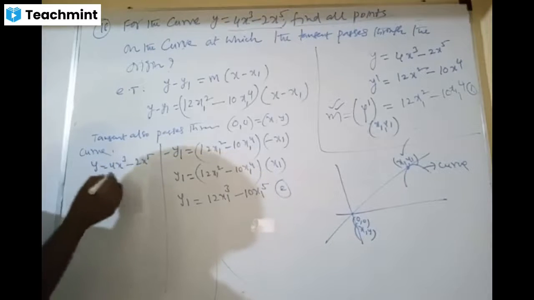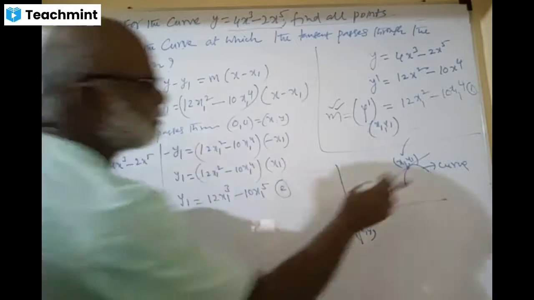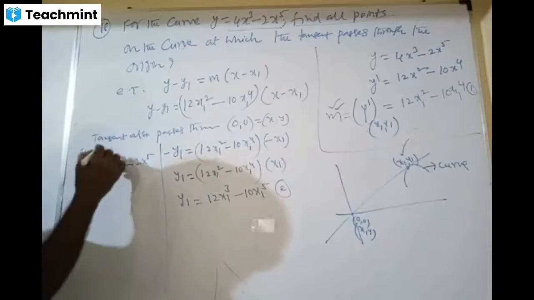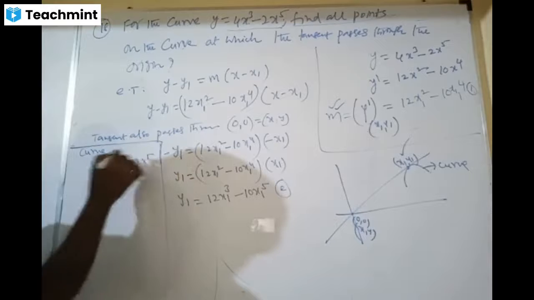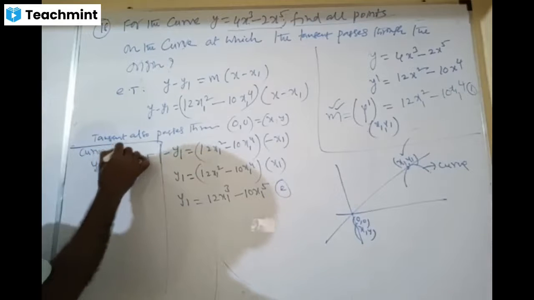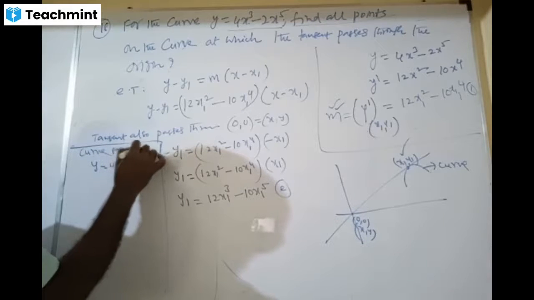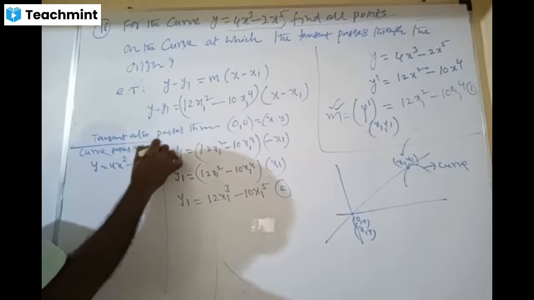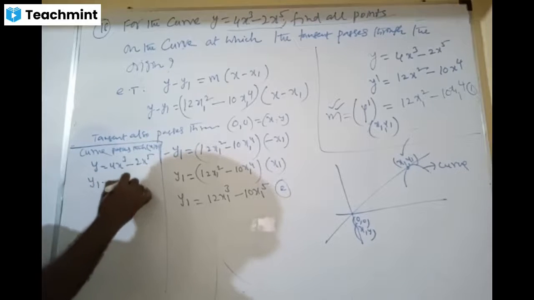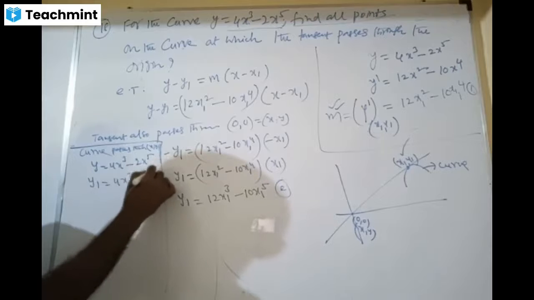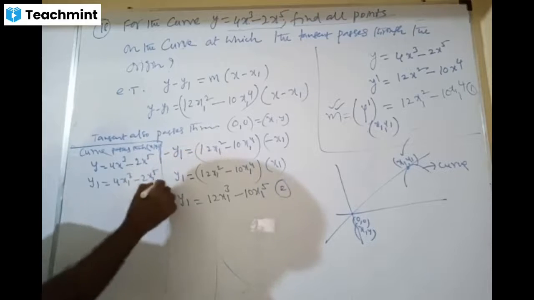The curve passes through x1, y1, so put y as y1 and x as x1. This is equation number 3.